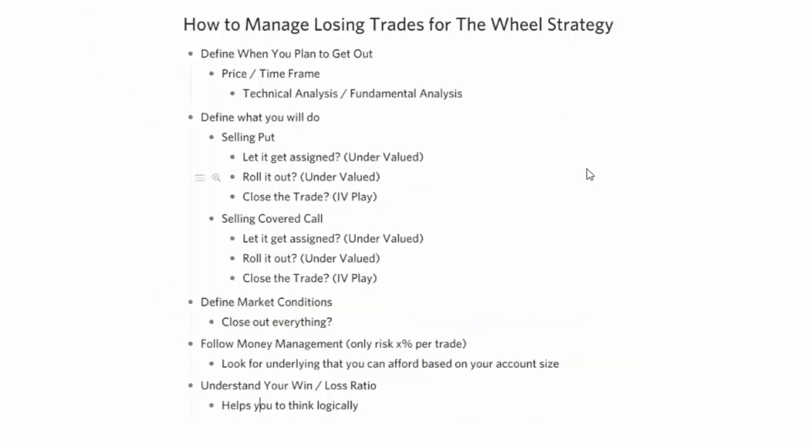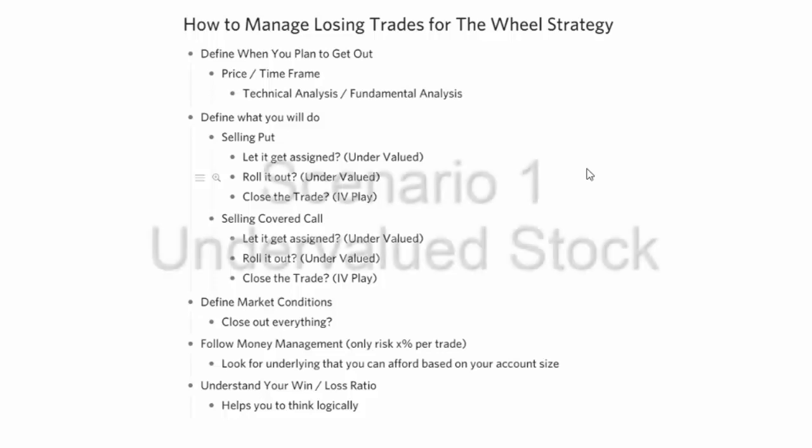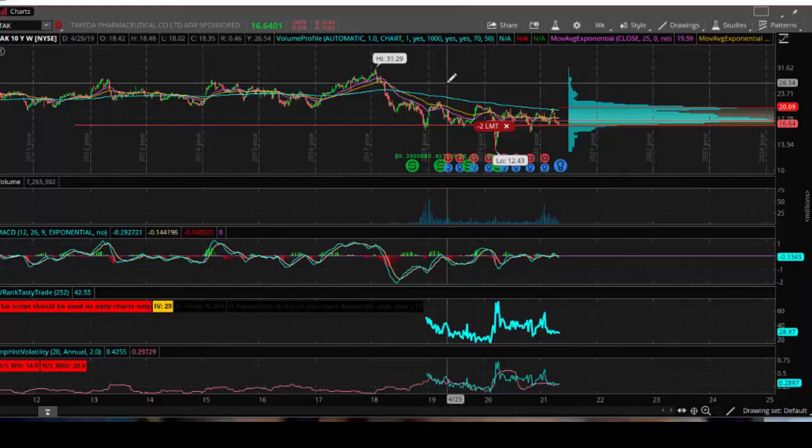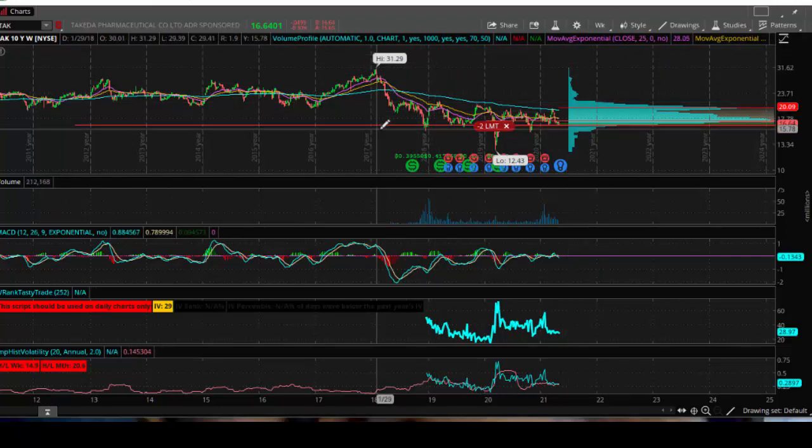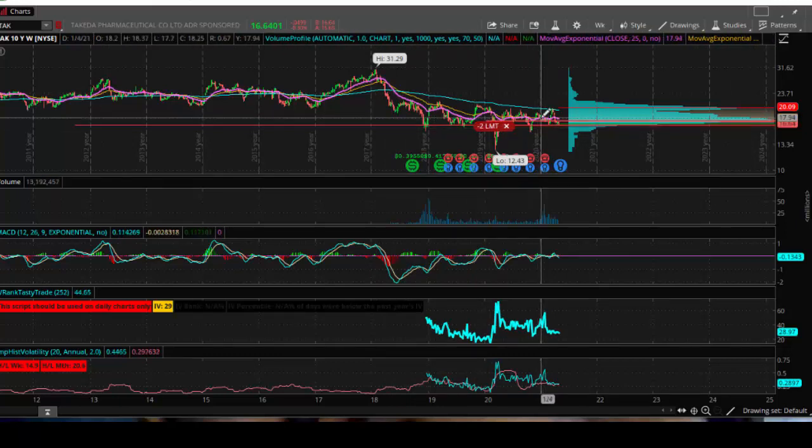Okay, so let's move on to Thinkorswim, and let me show you a couple of examples on how I do technical analysis and fundamental analysis. For this example, we are going to use TAK. As you can see on the weekly chart, I have already drawn some lines to see where the support and resistance lines are.